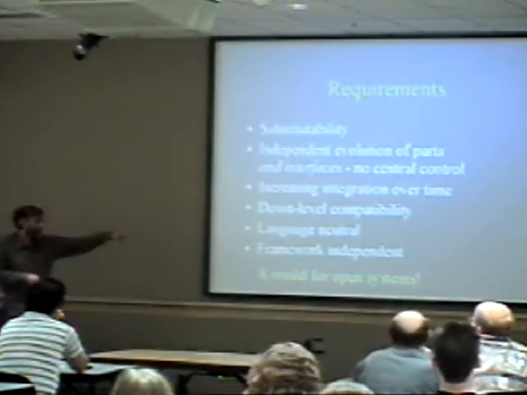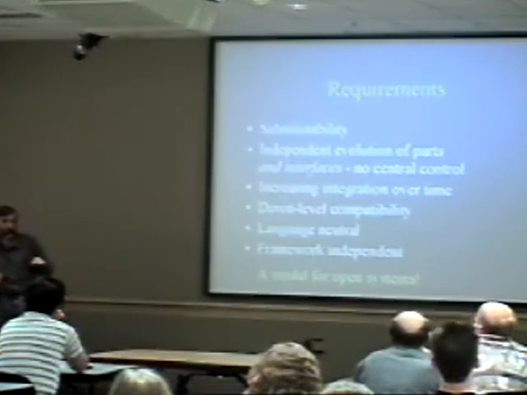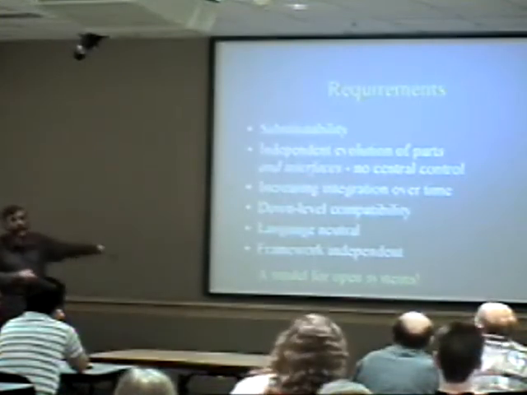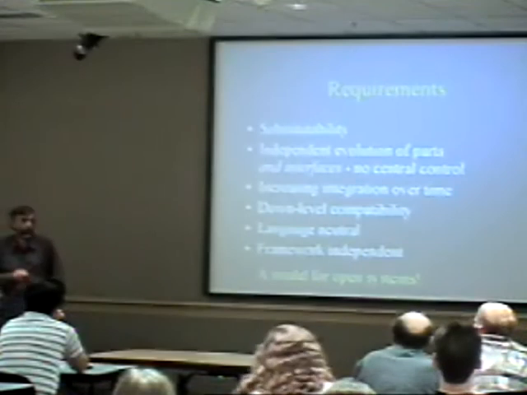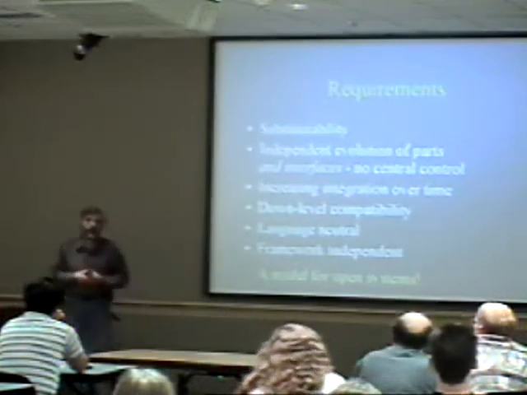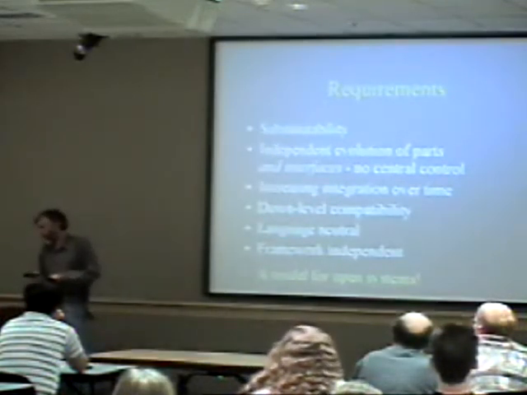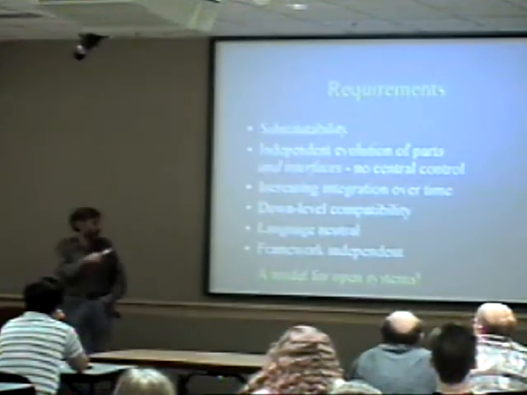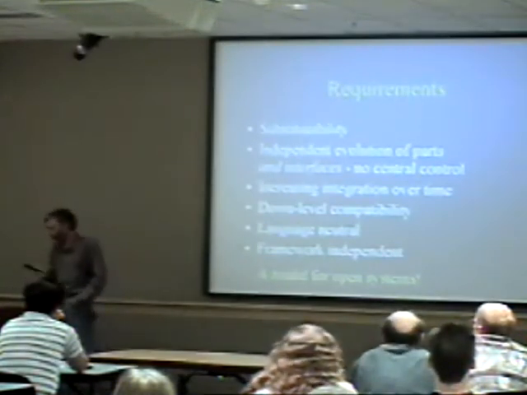This is open with a small o, not open with a capital O. For me, this set of things defines an open system. It says anybody anywhere can walk up to it and add something into it. And this set of requirements is what really leads to what we did with COM, trying to address all of these problems.